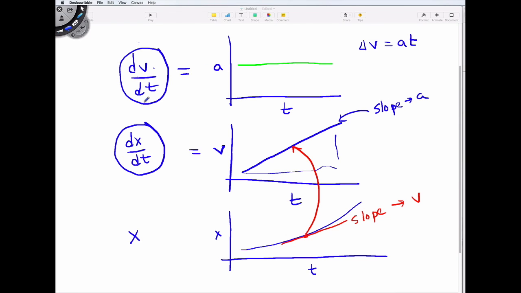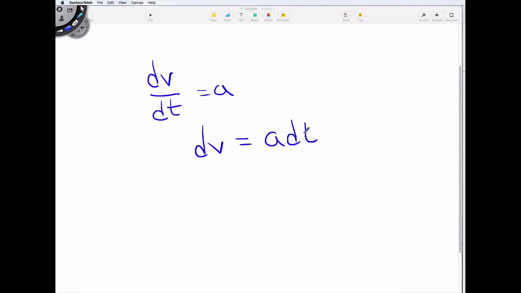Because if I think about this type of equation right here, let's go ahead and clear the screen and just look at that in detail. We have an equation that says that if I know the acceleration, I know the relationship between the change in velocity and the change in time. And I can solve this equation by just separating out my variables and integrating both sides.